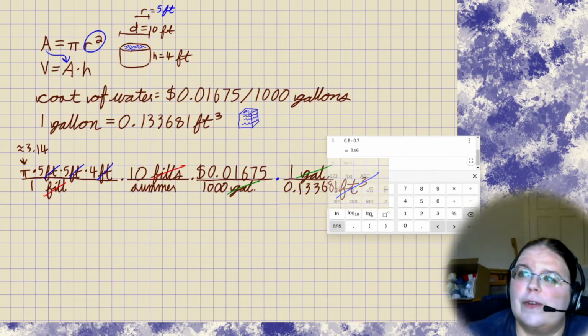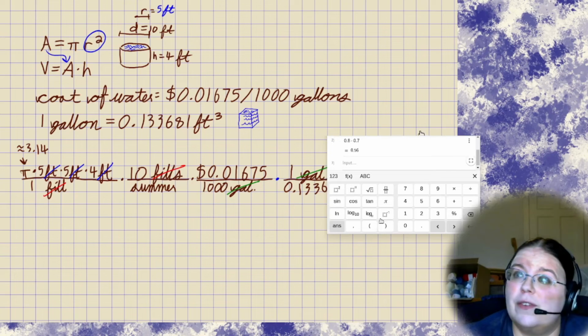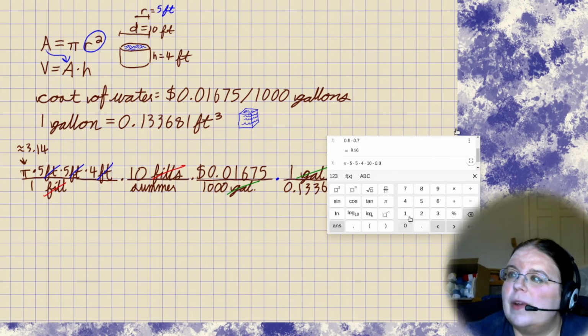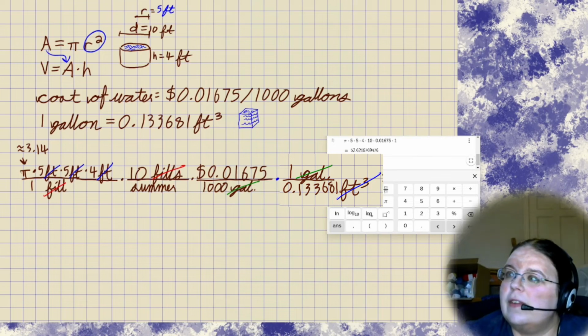So numerator first, doesn't actually matter, but we've got to do something first. So pi, again, if your calculator doesn't have a pi button, use 3.14, and then times 5 times 5 times 4 times 10 times 0.01675 times 1. And I see that that is, we bring along the dollars that did not cancel, about $52.62.